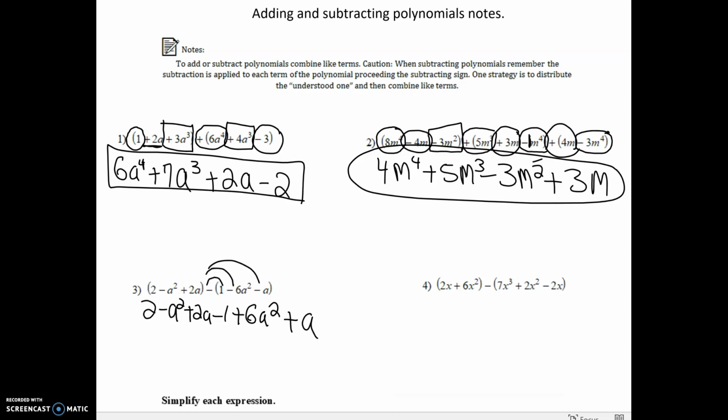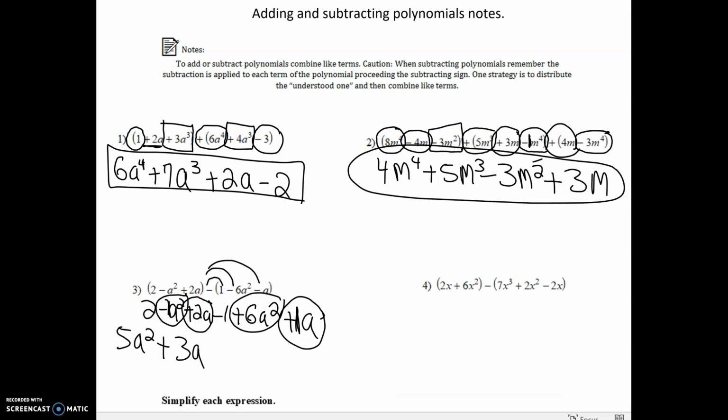Now basically I'm going to do what I just did on the top here, and combine the like terms from highest exponent to lowest. So if we start here, and remember that's a 1 in front of there, right? My leading coefficient is going to be a 5a squared. Next highest one would be the a, so I have a positive 2 and a positive a, and I like to write that 1 there so I don't forget, so that would be a positive 3a.